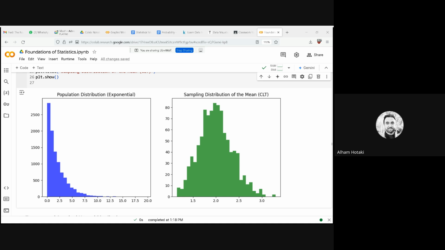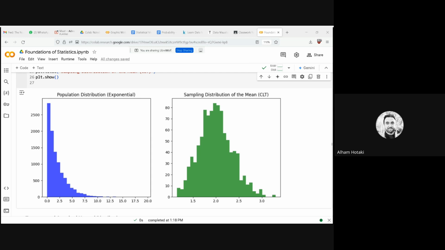As we roll a die several times, as you saw previously, if you roll a die 10,000 times, the average gets much closer to the theoretical mean, which is 3.5. This is how you have to understand the central limit theorem.